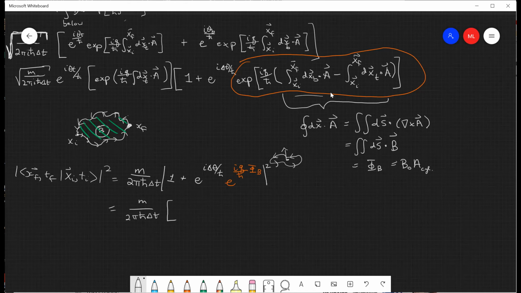But what you get is 2 plus 2 cosine of delta theta over h bar plus q magnetic flux over h bar.